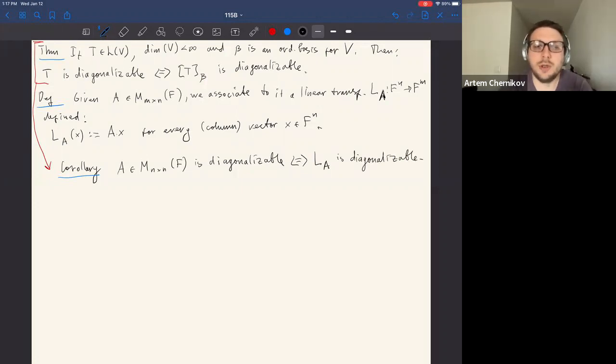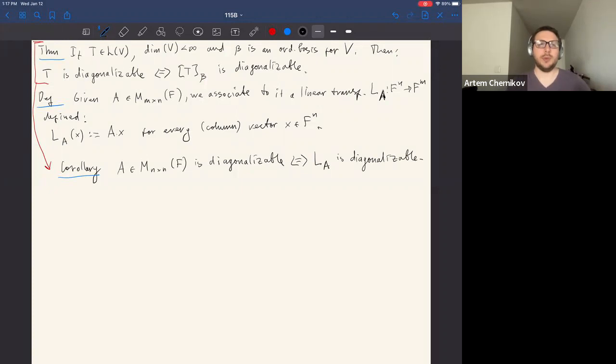This is simply because the linear transformation LA is represented by the matrix A with respect to the standard basis in Fn, right? So the theorem applies and it gives us this corollary.